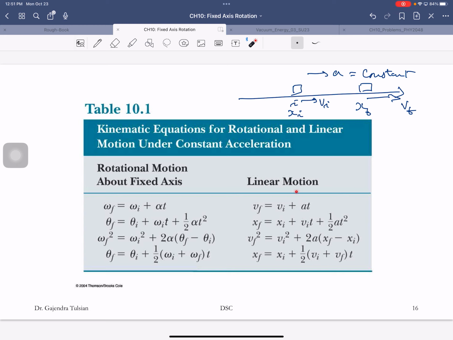And we're going to derive exactly similar equations for rotational motion for constant angular acceleration. And with these, when you solve for the angle, you said you get them in radians? Right. Well, in these formulas, you could use radians or degrees or revolutions.